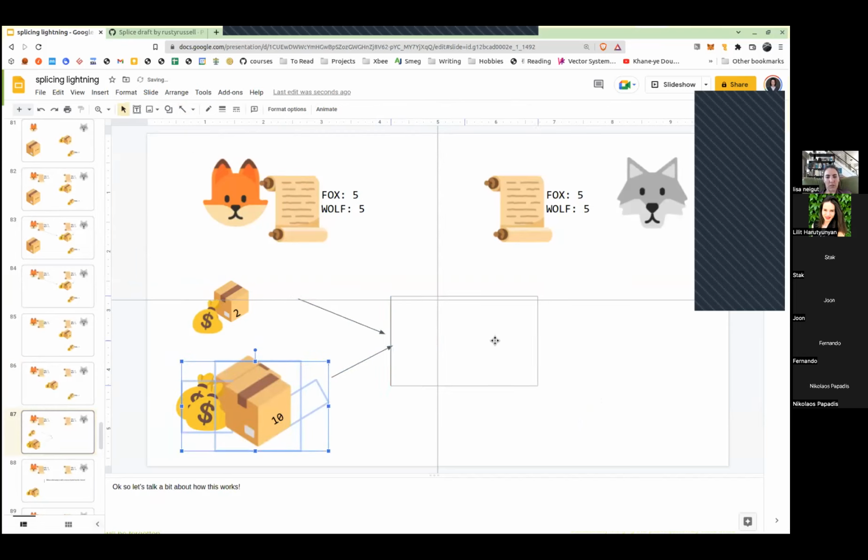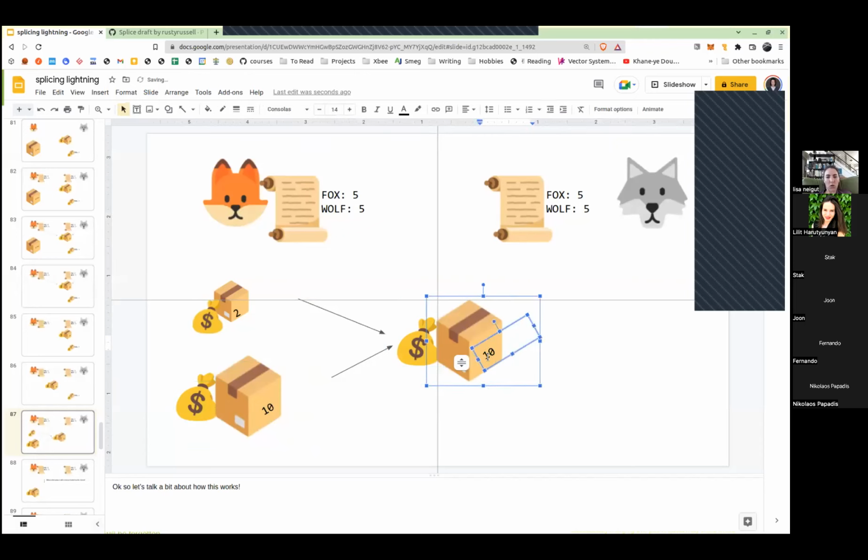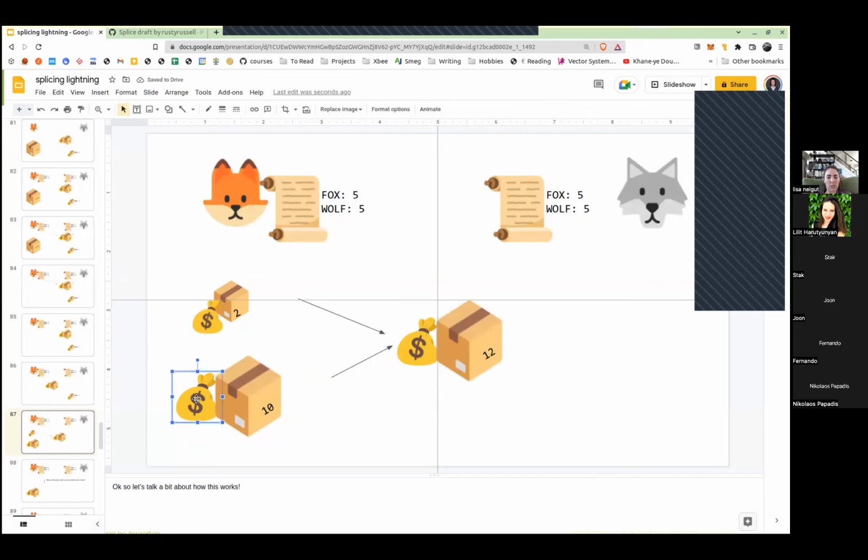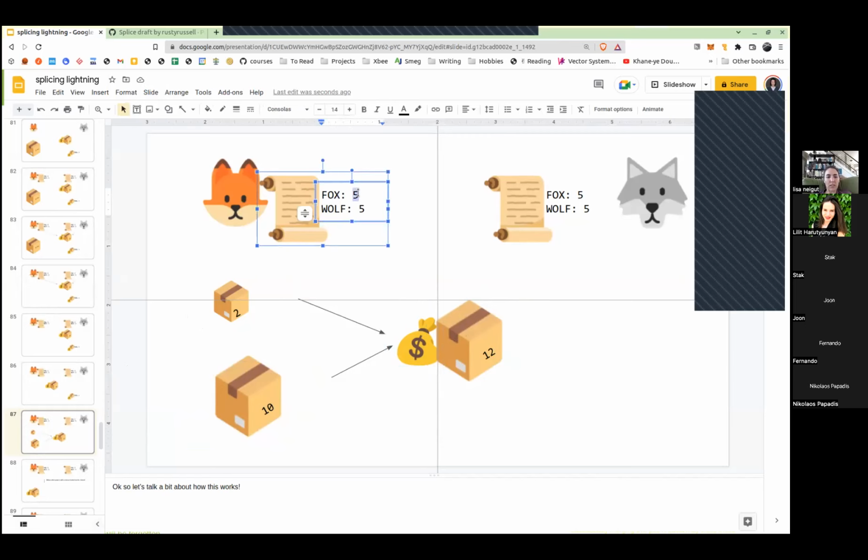So they would get spliced together, and then this total contract would be worth 12 now. And once the transaction that creates this new thing is mined, the value moves over to this new object, right? And then these contracts would get updated. So Fox would now have 7 here and 7 over here.